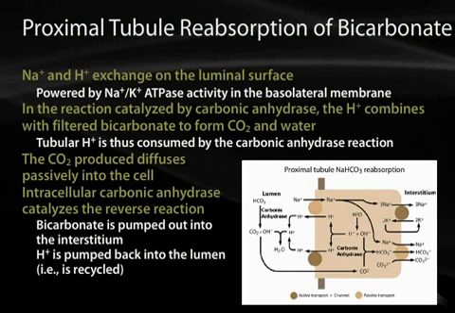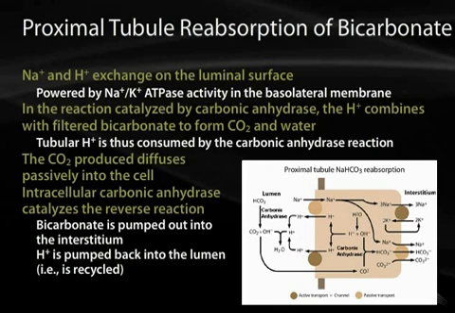The hydrogen is secreted into the tubular lumen and combines with bicarbonate to form carbonic acid. This reaction is greatly facilitated by the enzyme carbonic anhydrase. The CO2 is produced, which diffuses into the cell. Once again, there is another intracellular carbonic anhydrase in the cell, which catalyzes the reverse reaction.